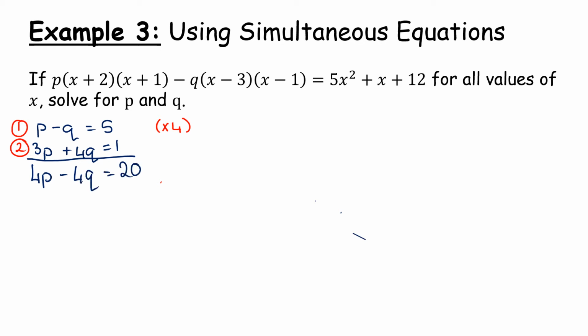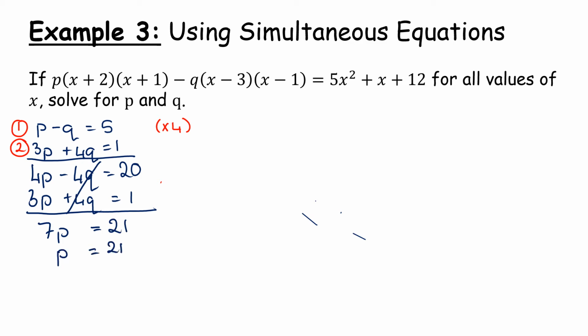Don't forget to multiply out that constant at the end. 3p plus 4q equals 1, and you can see now the q's will eliminate or give us 0. 7p is equal to 21. Dividing both sides by 7, and I get 21 divided by 7, or p is equal to 3. So that is one of our values.